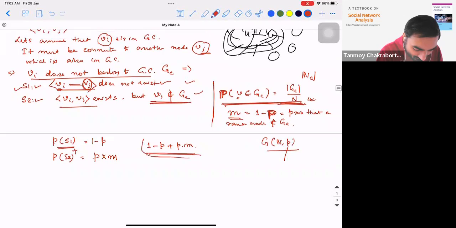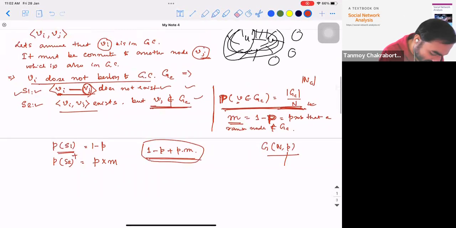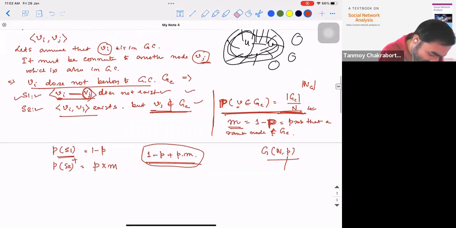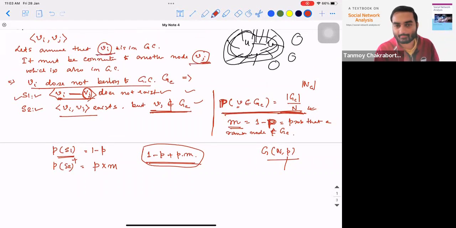This particular probability is for a particular node Vi, keeping Vj fixed. Now for other n-1 nodes, why n-1? Because we already fixed a node Vj. For the other n-1 nodes, the same thing holds.